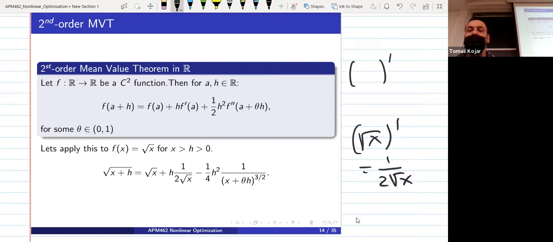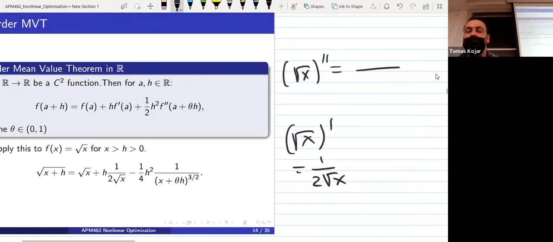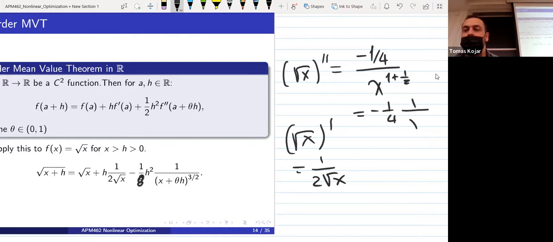And then we take second derivative of square root x, which gives you minus 1/4 x to the 1 plus a half, which is 3/2. It's probably a typo here. Should be 8. I'll fix it. Okay, so this is the second order approximation of square root x.